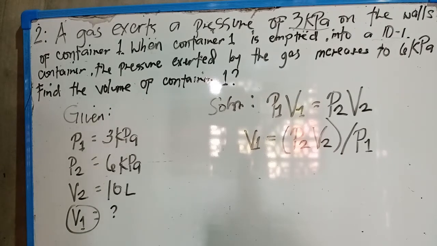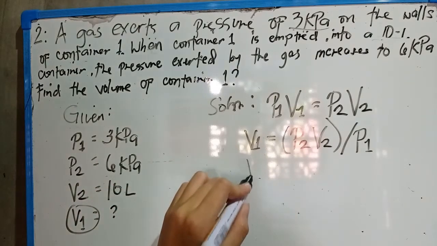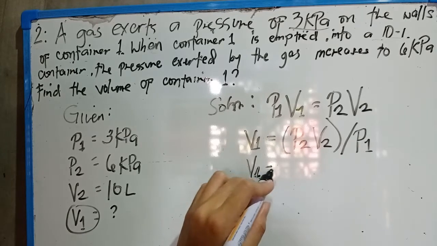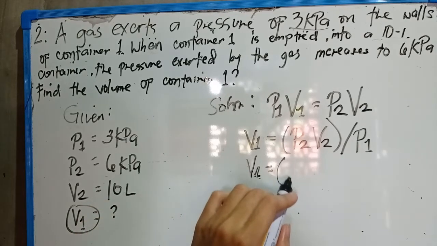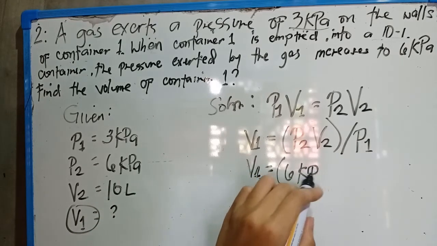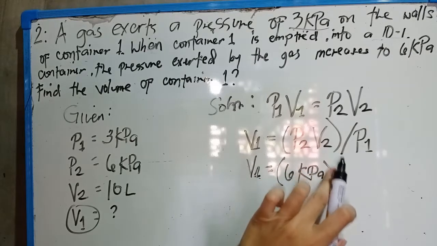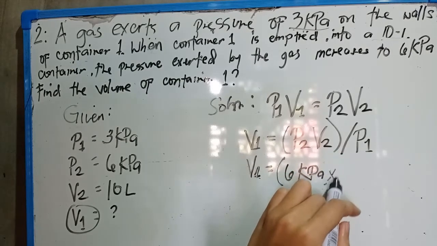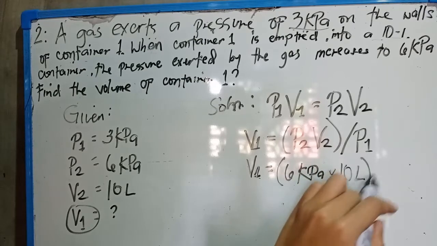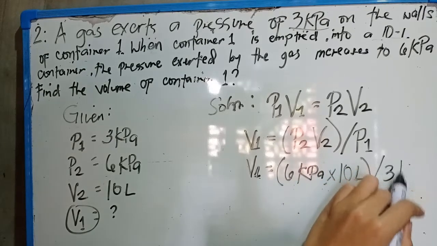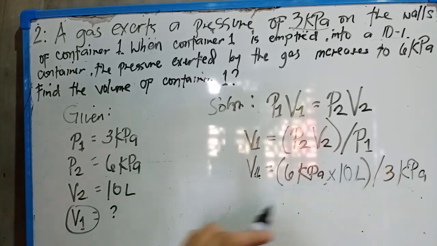So, that is the formula we will use to get our initial volume. After that, write the given. So, 6 Pa multiplied by our volume divided by our initial pressure.